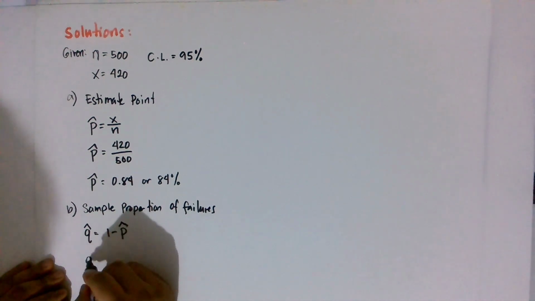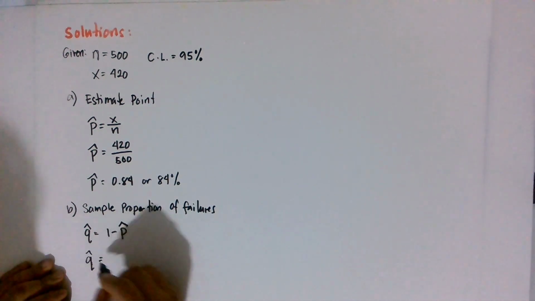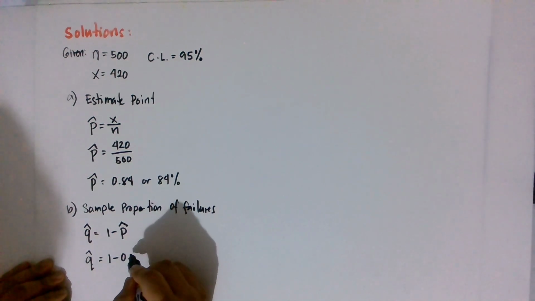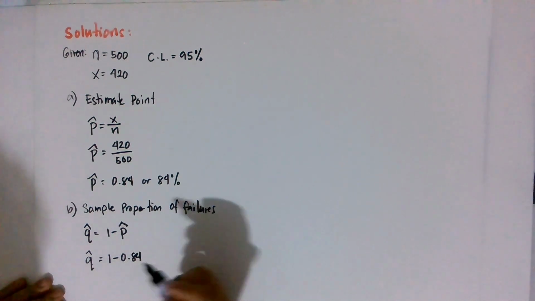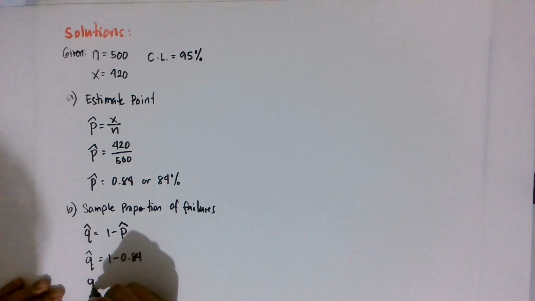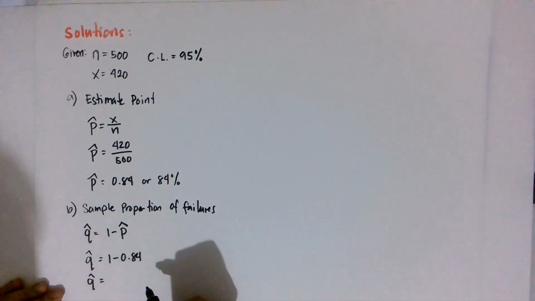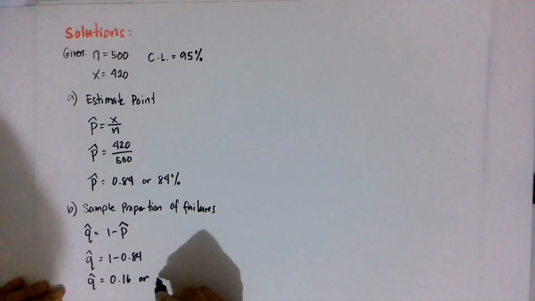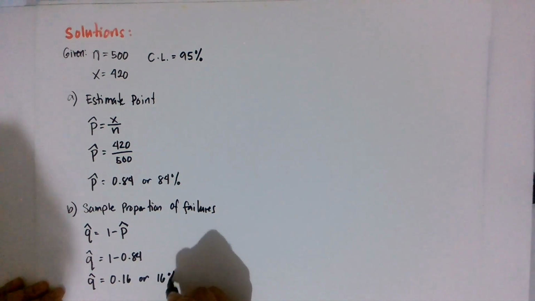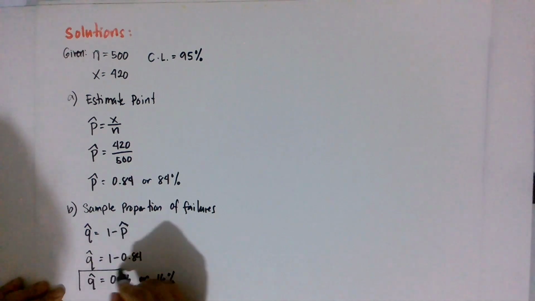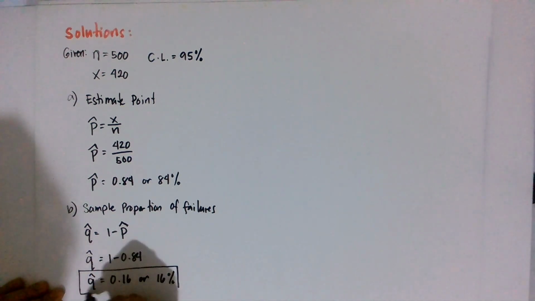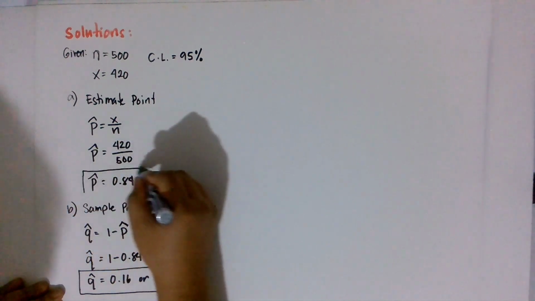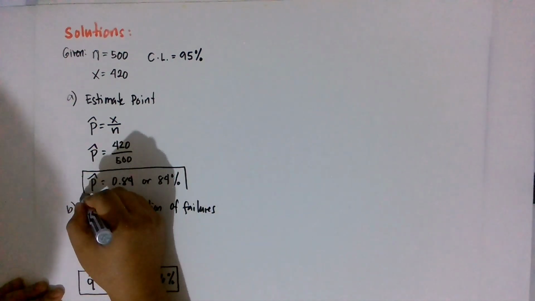So, q hat equals 1 minus 0.84. Q hat is equals to 1 minus 0.84, that is 0.16 or 16%. Ayan, i-box natin para madali nating mahanap mamaya yung mga gagamitin natin sa final solution. Okay, so we have p hat and q hat.